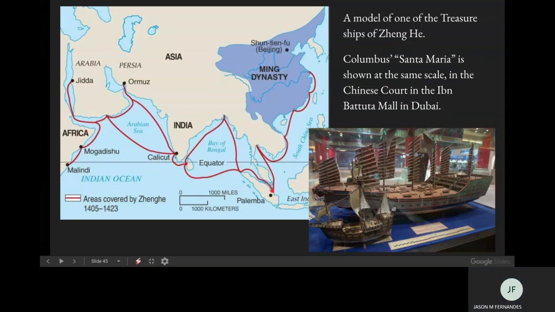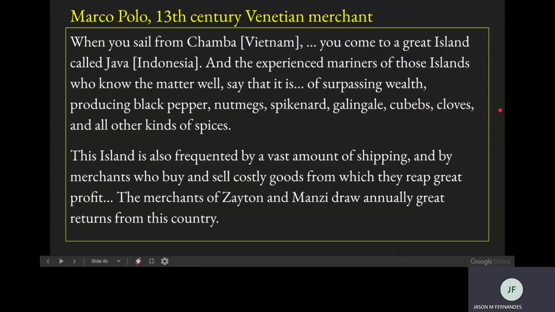So Marks, you can go back and read your Marks on Zheng He. He does a great job of discussing this. And then again, here's Marco Polo talking about Indonesia. This is a place we'll come back to again in the future, what the Europeans would call the Spice Islands, what we refer to as Java at the time. So if you want to pause for a second, take a look at what Marco Polo has to say about this region.